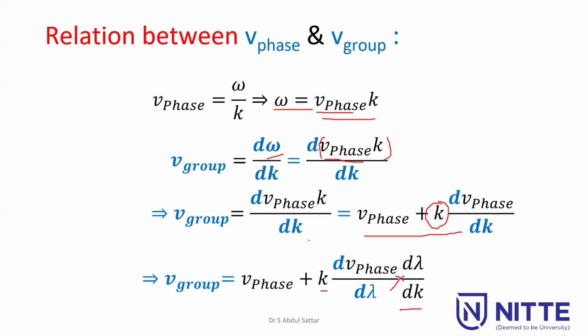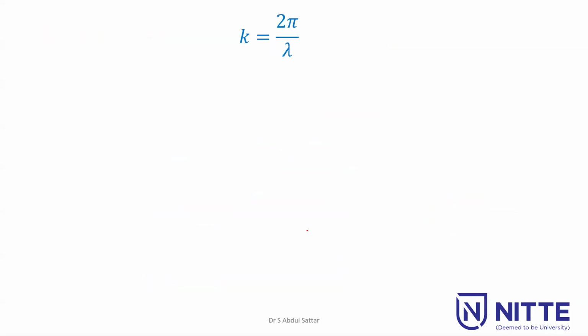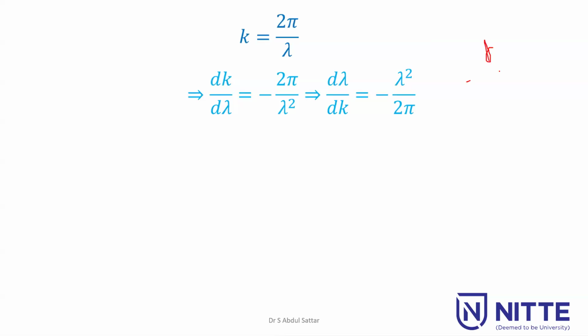Further, we will start with k. We know k equal to 2 pi by lambda. So differentiate with respect to lambda, then dk by d lambda equal to 2 pi, which is constant, times d of 1 by lambda by d lambda, that equals minus 1 by lambda square, because we know d by dx of 1 by x is equal to minus 1 by x square.